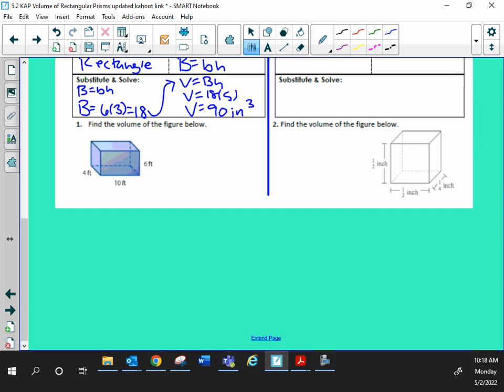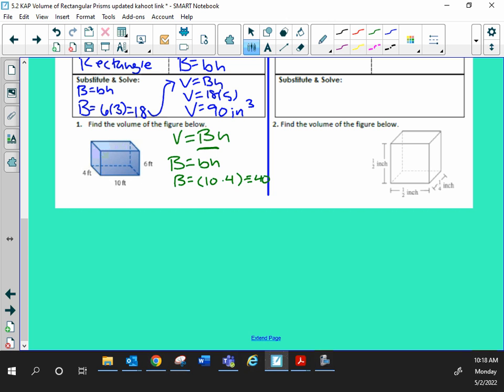Okay, so I've got another problem. Again, I need to figure out the volume. So I'm going to say volume is equal to big B times H, but we're going to start with the big B because big B stands for area of the base. To find the area of the base, I do base times height. That's going to give me 10 times 4. 10 times 4 we know is 40.